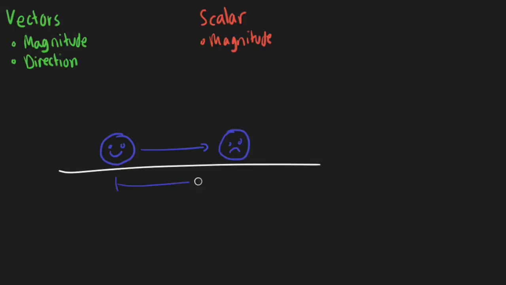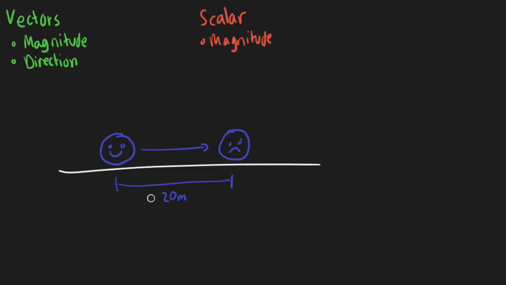If I told you that this ball has traveled 20 meters, and that's all that I told you, then that is a scalar quantity, because I've only told you the size of the distance that it traveled. So it traveled 20 meters.